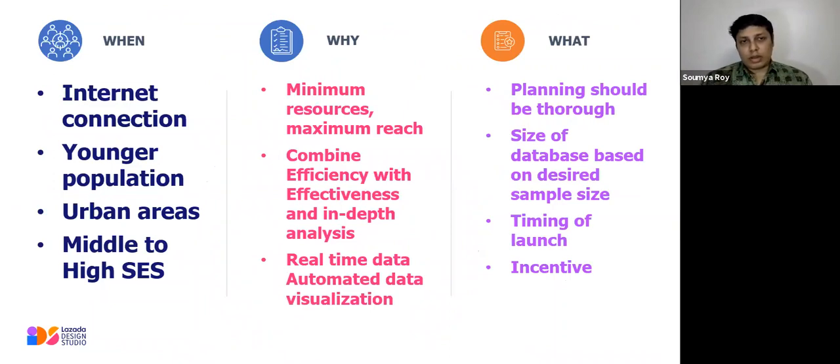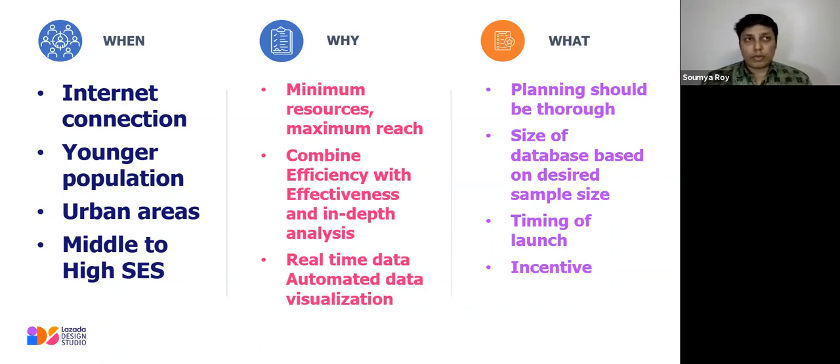Okay, next we come to when should we use online research. So first, basic criteria is when there is an internet connection. It's very important that respondents have a smartphone or laptop or tablet with internet connection.